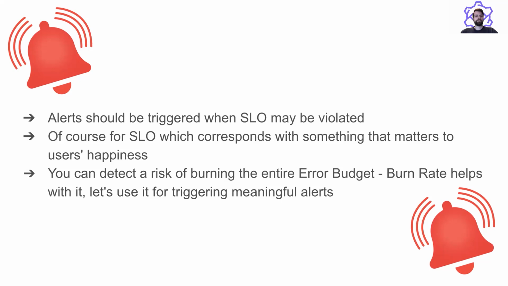We should be alerted of the risk of burning the entire error budget. This is the wake-up call. It's called burn rate. It tells how fast the whole error budget will be exhausted. Of course, we want to avoid it because it means violation of the previously defined SLO.